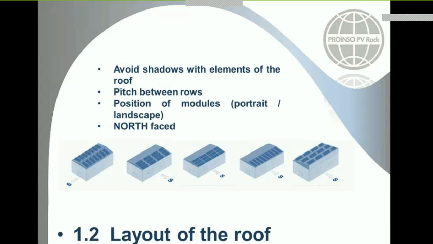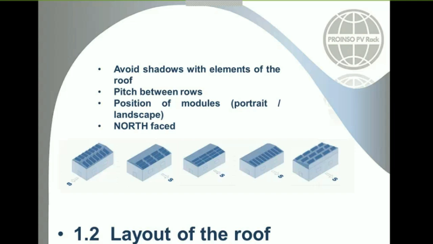The layout of the roof. When we do the layout of the roof, we have to take into consideration some elements that could cast shadows on our PV modules. These shadows are related to the pitch between the rows of modules we will have. The pitch is the distance between one row and the next one.